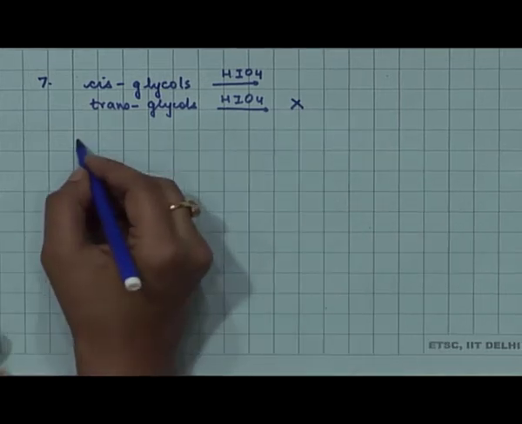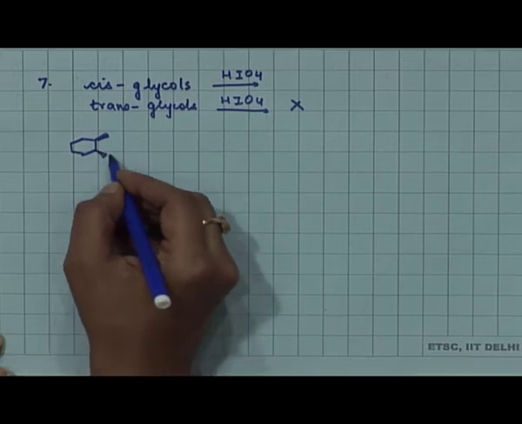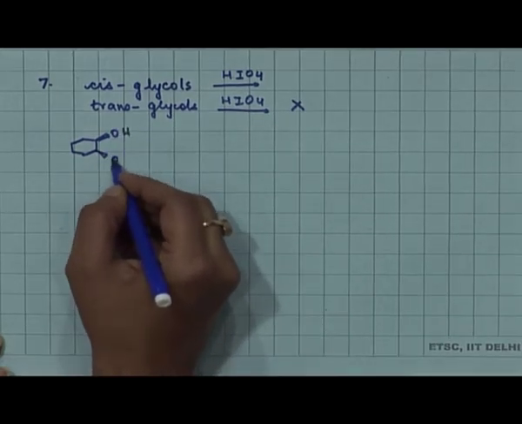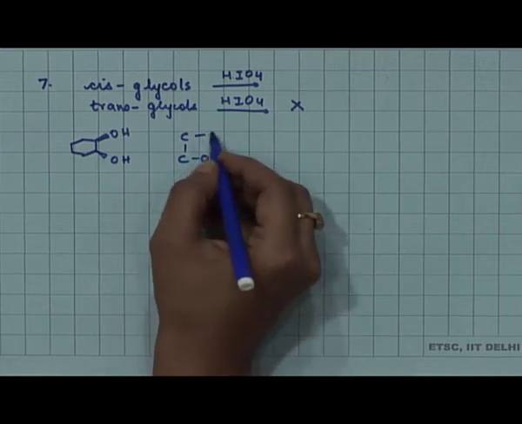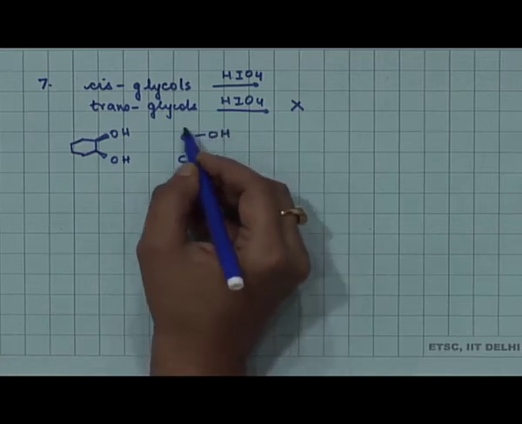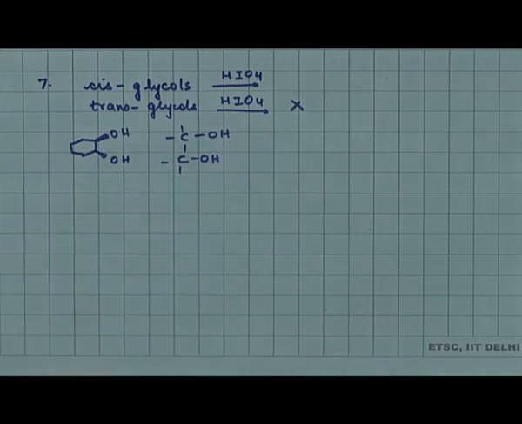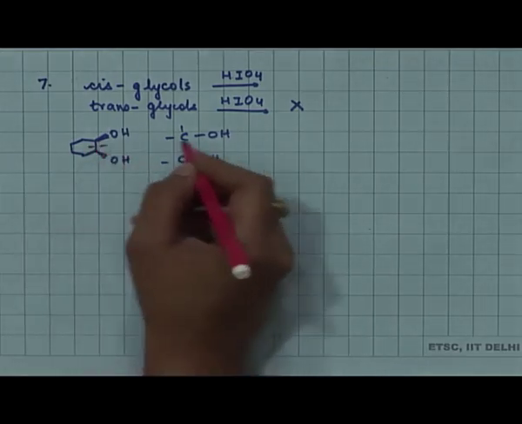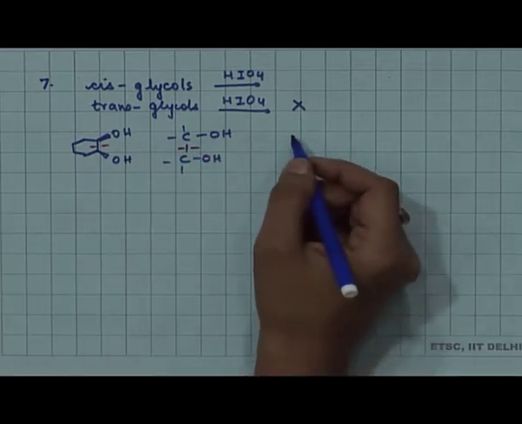So, which means that if you start with this cis 1,2 diol, we are talking about a cis 1,2 diol in a cyclic system or in an acyclic system, these can be cleaved by periodic acid to give you the corresponding oxidized product.